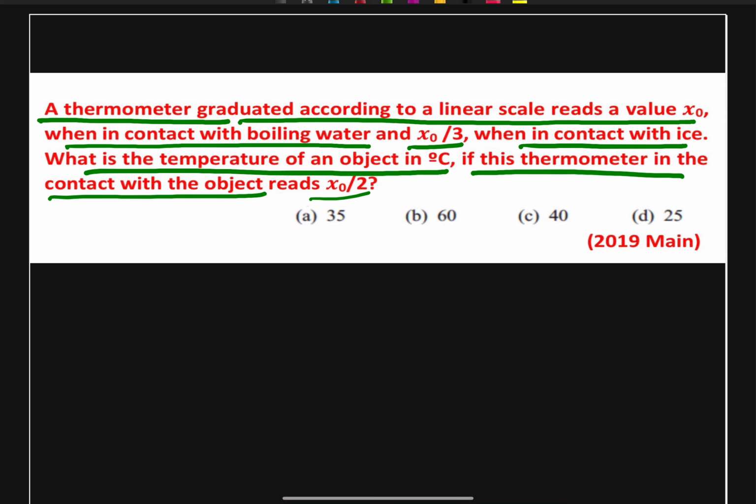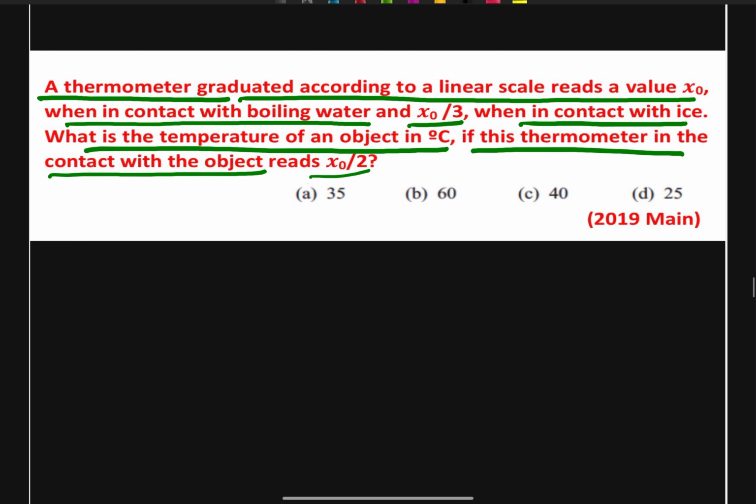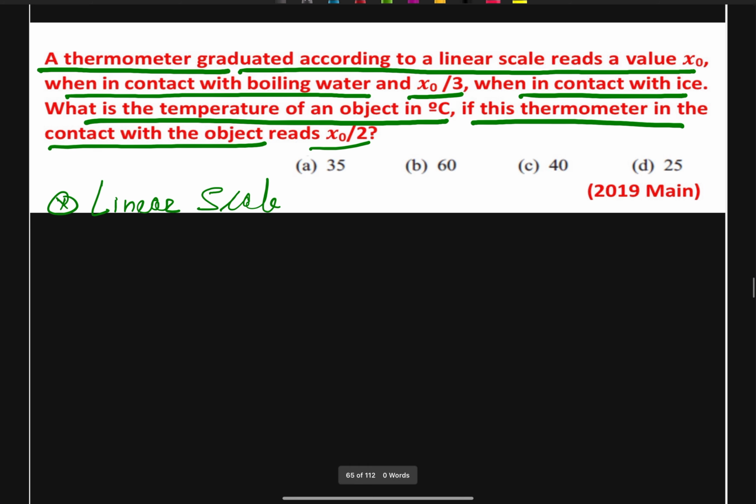So we have given that the thermometer is having basically a linear scale, and we are given that the boiling water is x naught and with ice is x naught by 3.